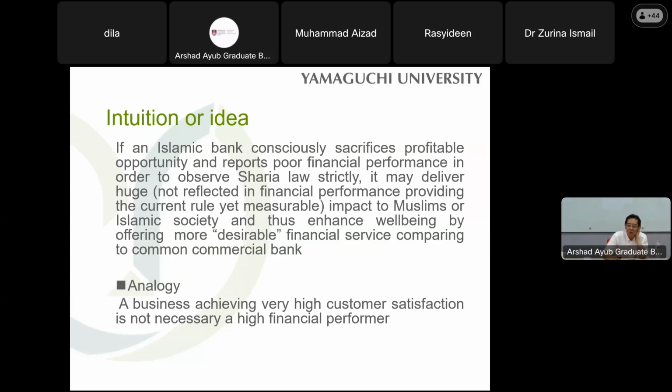If an Islamic bank consciously sacrifices its performance opportunity and financial performance reports in order to observe the Sharia law strictly, the same is true with halal. It may deliver huge impact to the Muslim or Islamic society, and thus enhance well-being by offering more desirable service compared to a common commercial bank.